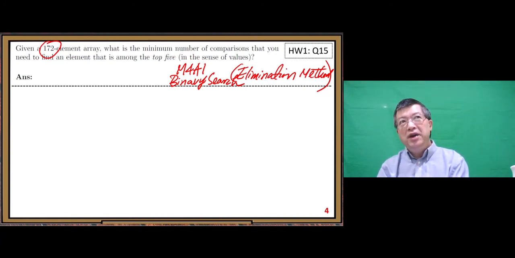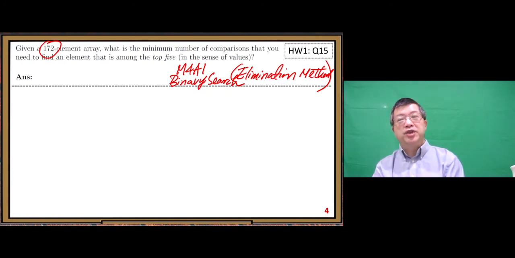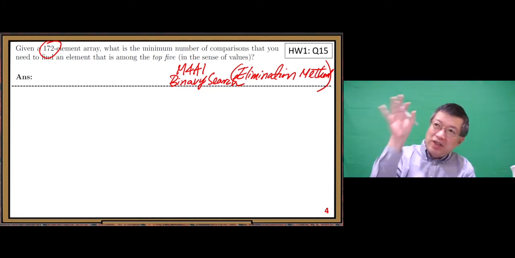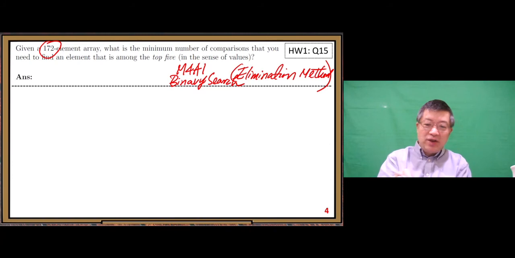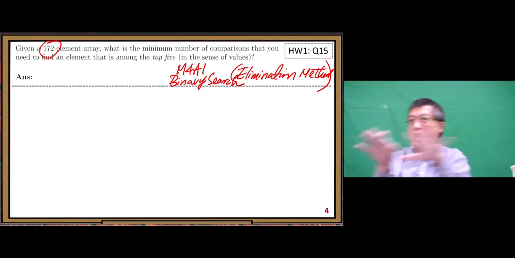Here, the exact number is not important. Some students, based on my previous experience, try to plug in some formula. When they see a question like this, they look everywhere to get some formula.